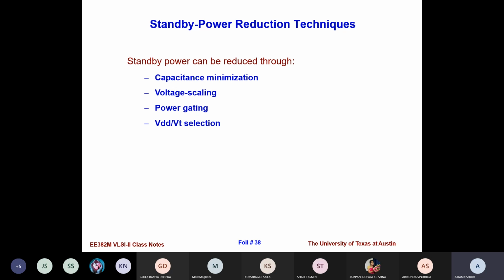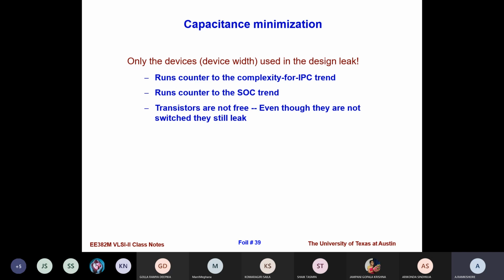To overcome that, standby power can be reduced through some techniques: capacitance minimization, voltage scaling, and power gating. The capacitance minimization can also be performed by some system level approaches, that is hardware software design.